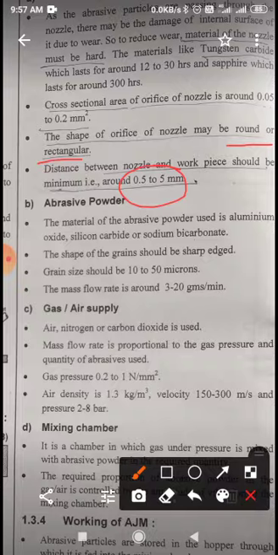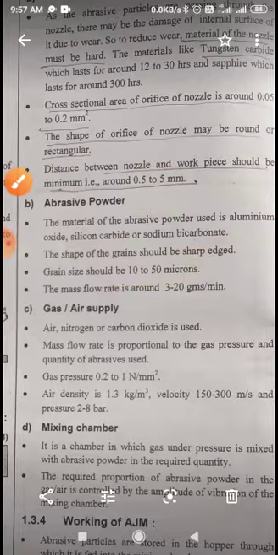The shape of the grain should be sharp edged, the grain size 10 to 50 microns, and the mass flow rate around 3 to 20 grams per minute.